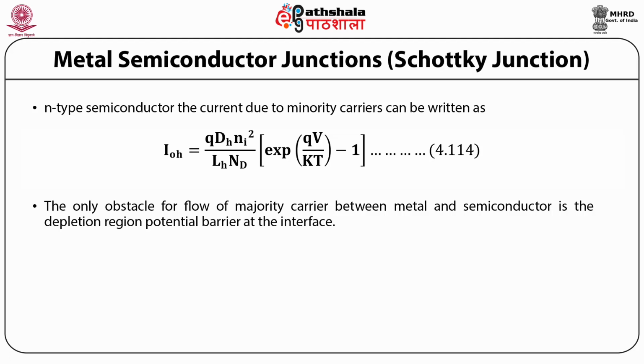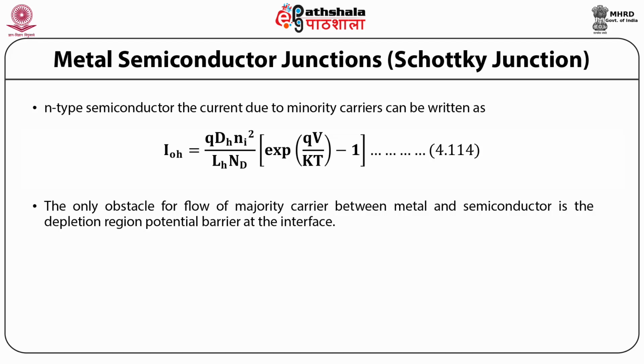The emission of electrons from the semiconductor in the case of metal on n-type barrier, or the emission of holes from the semiconductor in case of metal on p-type barrier, is a function of thermionic emission and diffusion.